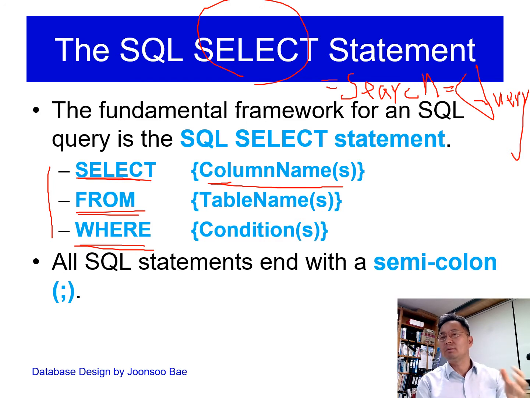What kind of data do you want to search from these tables? This table may be multiple tables. And after the where keyword, you can specify conditions to search. This is the basic syntax of a select statement.